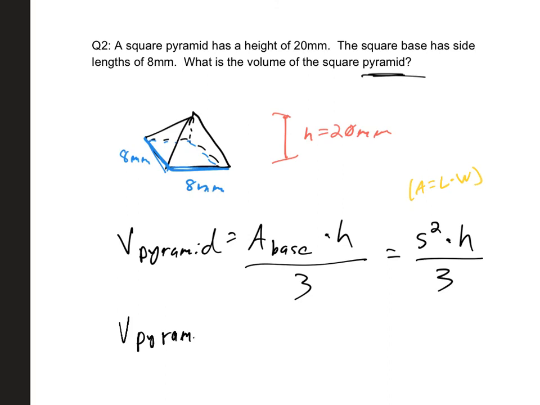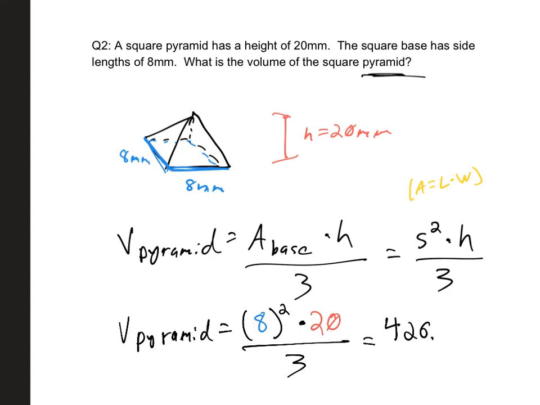So the volume of the pyramid is equal to side squared. Well, our side length is 8, so that's 8 squared, times the height of the pyramid, and we're given in the problem that the height of the pyramid is 20 millimeters, and then we're going to take that entire answer and divide it by 3. And that gives us 426.67 millimeters cubed for volume.